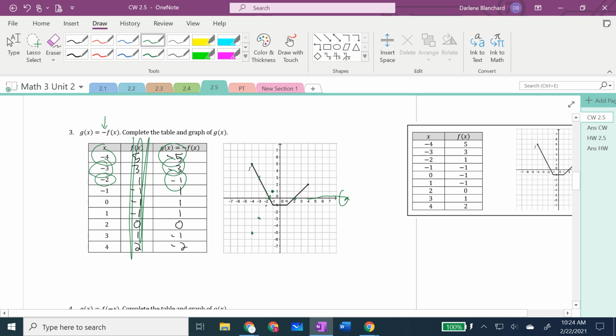And let's see, 0, 1, 1, 1, 2, 0, staying the same. 3, -1, 4, -2. And when you connect the dots with the same shape that we were working with, you should see that it gives you that reflection over the x-axis.